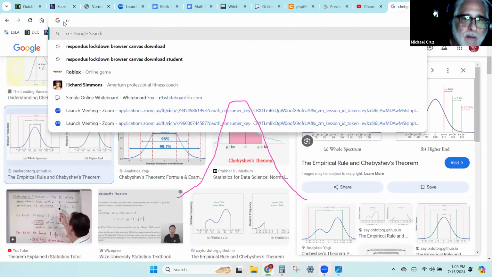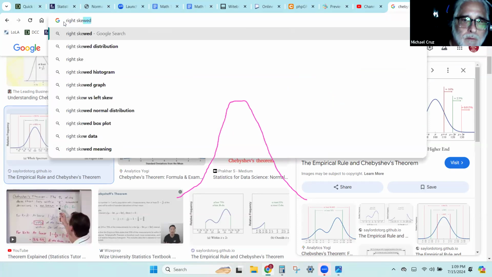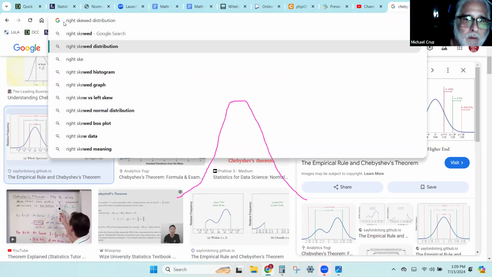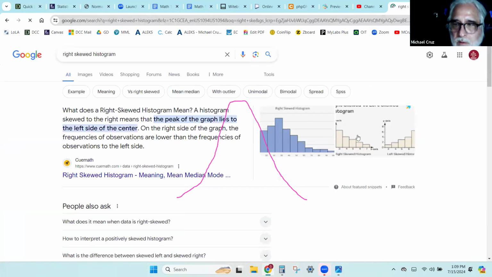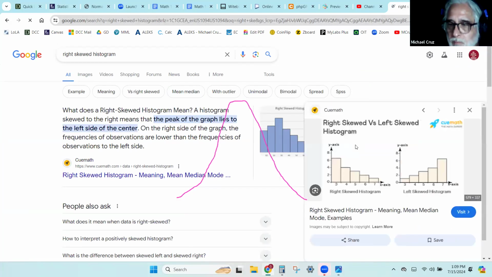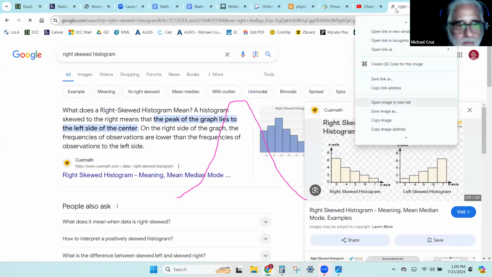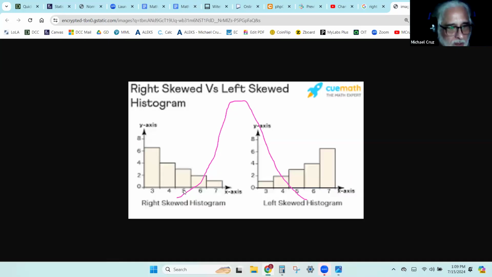Right skewed data is going to look, well, here are the two types of skewness. Right-handed skewness, in other words, the extreme values are on the positive side, so that's why you got a tail over there.